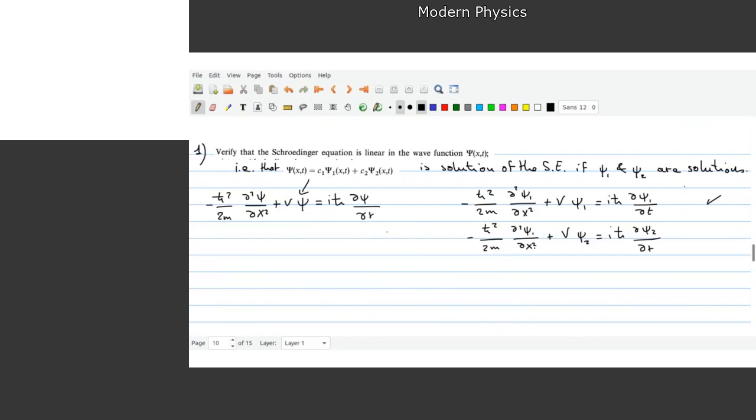This is what it means. You know the equations for psi1 and psi2, and you have to show that if psi has this dependence on psi1 and psi2, it also is a solution of the wave equation. This is only to check that our wave equation is linear.